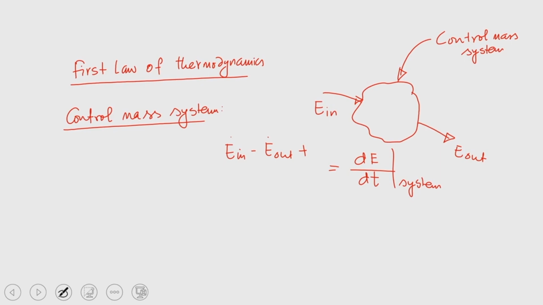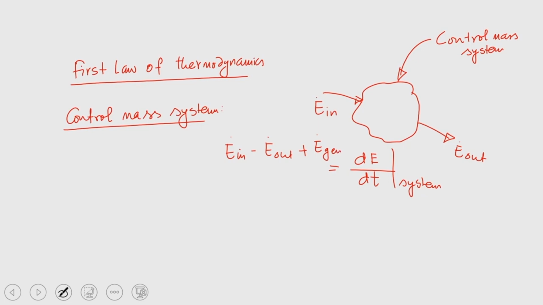The rate at which energy is entering the system minus the rate at which energy is leaving the system is nothing but the change of energy within the system. Also, we need to take into account one important term, that is energy generation.